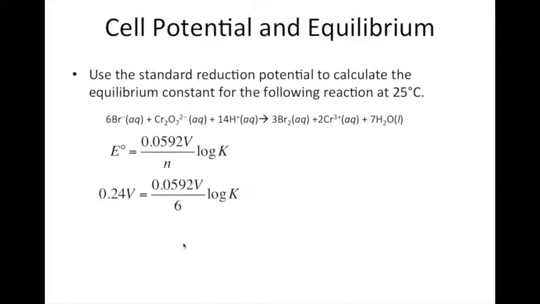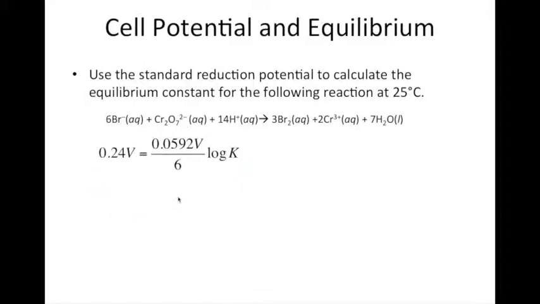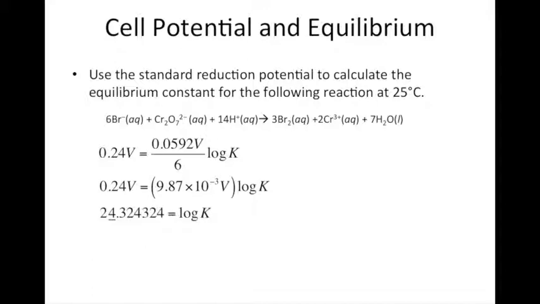So looking back at our equation that we saw earlier, we can plug in our standard cell potential that we calculated and our 6 moles of electrons. Now we can solve. We solve this to get the log of K, and then we solve for K, and you see we get 2.1 times 10 to the 24th.